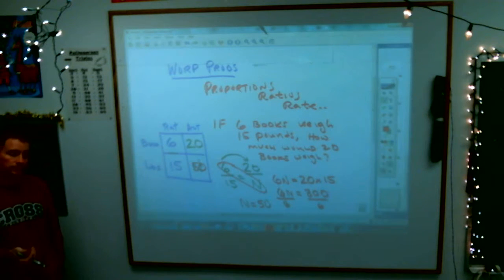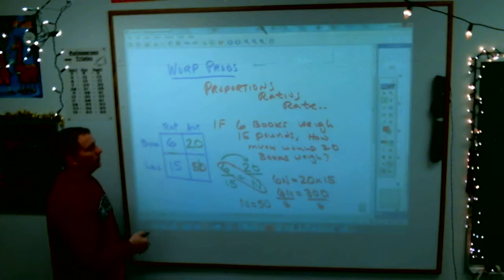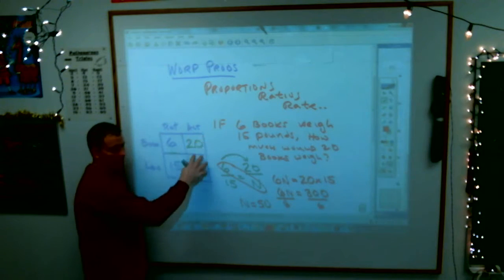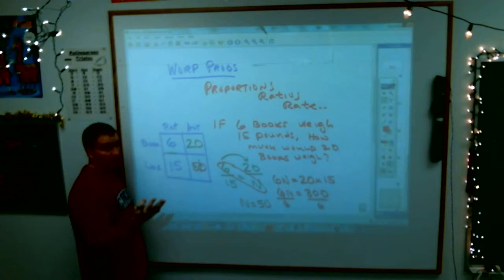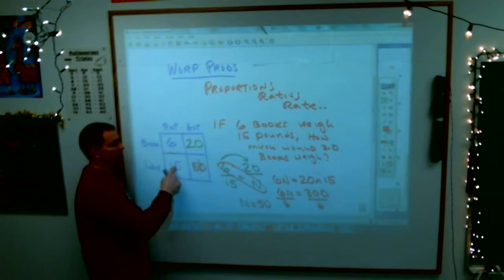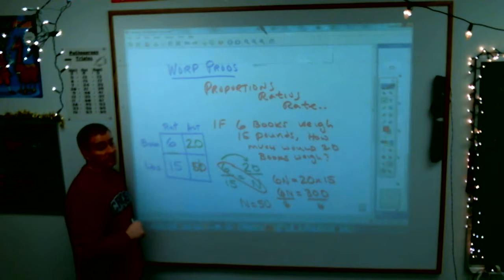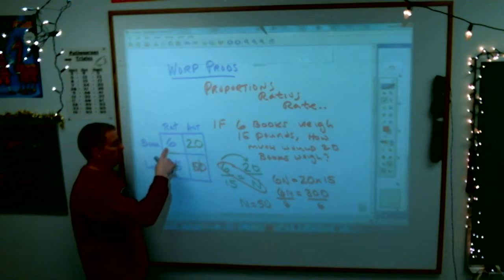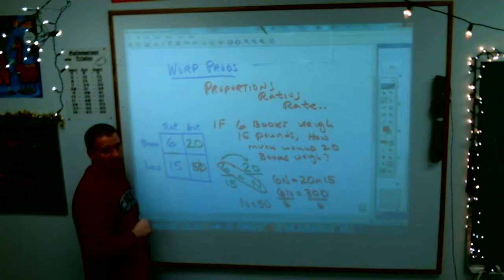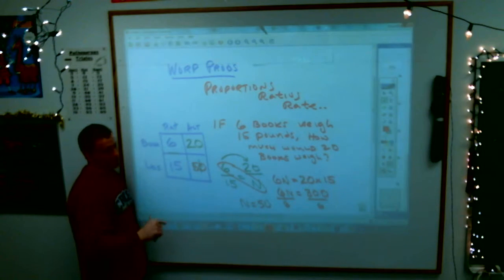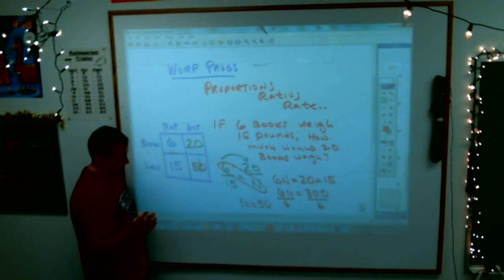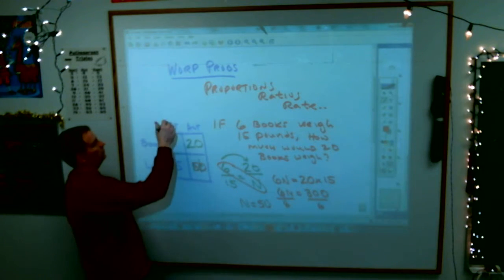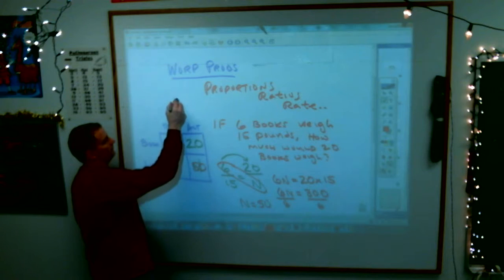Now you could also, if you wanted to do this a different way, figure out how much each book weighs. If you know that 6 books weigh 15 pounds, how would you find out how much one book weighs? I would divide 6 into 15. Each book, you're taking 15 and splitting it in 6 ways.